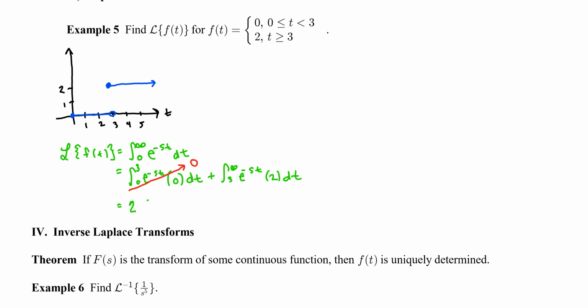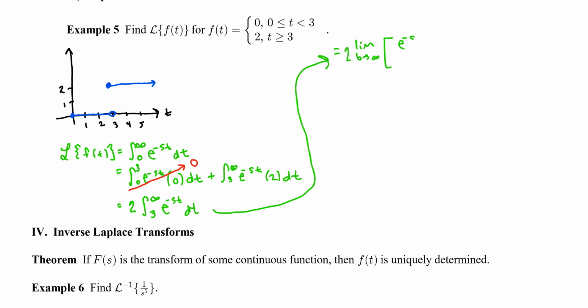We're going to rewrite it as 2 times the integral from 3 to infinity of e to the negative st dt. Let's go ahead and evaluate the antiderivative. And while I'm at it, I'm going to sneak a limit operator in here since we have an infinite upper limit. Antiderivative of e to the negative st is e to the negative st over negative s.